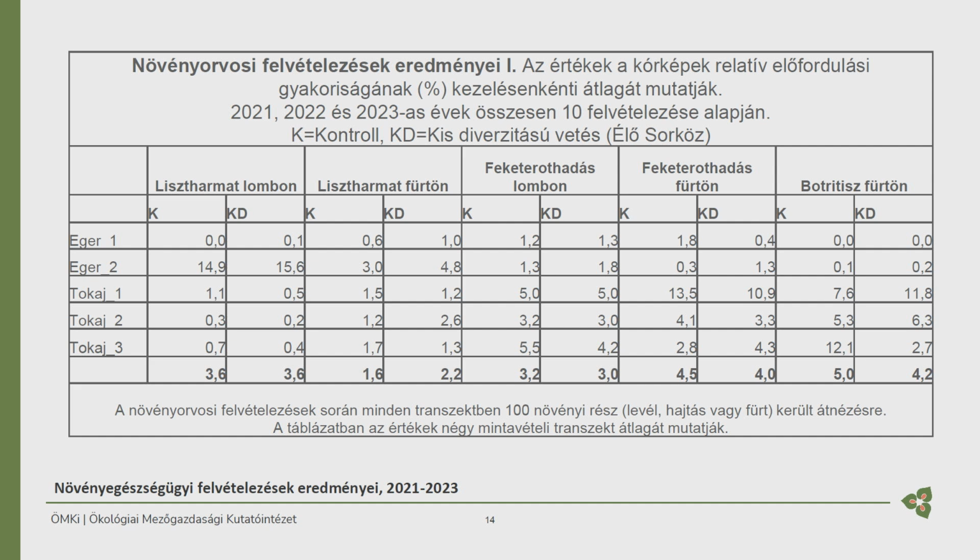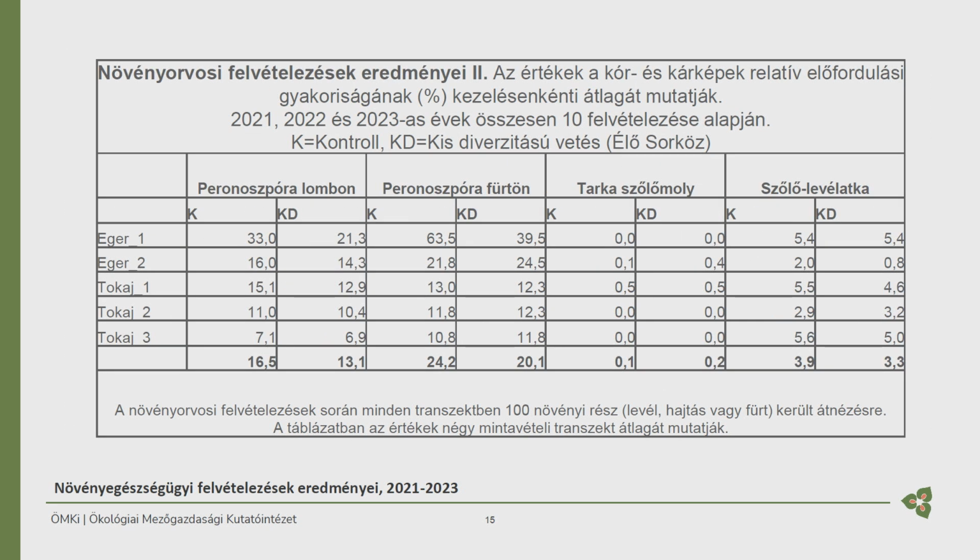Cover crops don't bring more fungal diseases to your vineyards. Really, there's no real change. So from a phytosanitary perspective, cover crops do not represent any sort of risk.